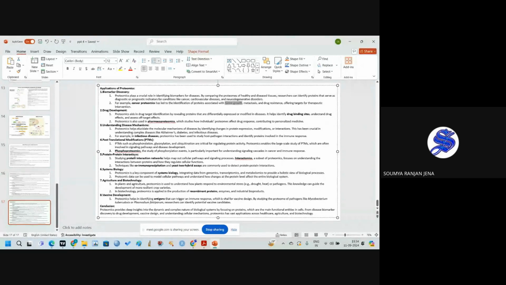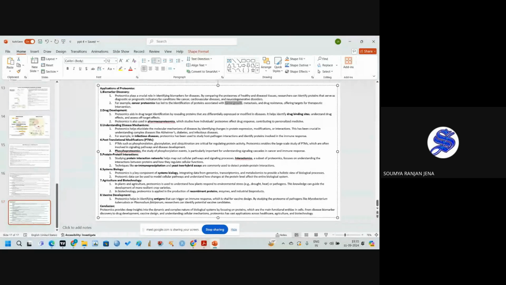And in phosphoproteomics, phosphorylation and dephosphorylation activate proteins or enzymes through kinase enzymes. Over-phosphorylation or under-phosphorylation can be studied by this proteomic study.